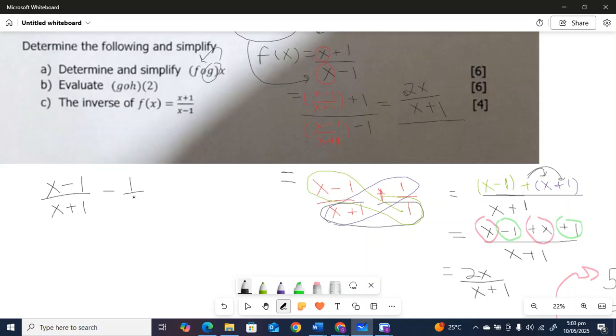So we just put over 1 basically, since we're solving as fractions. With fractions, remember, first things first, multiply the denominators. So you're going to say 1 times x plus 1. 1 times x, that is x, plus 1 times 1, that is 1.